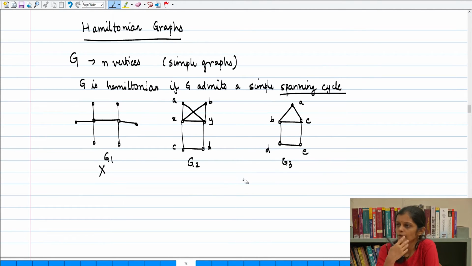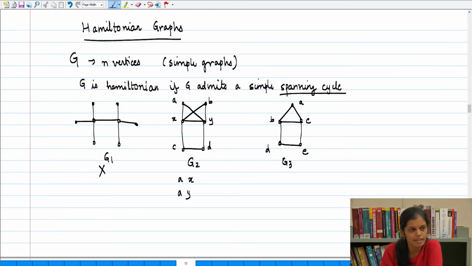What are all the possible ways of having a Hamiltonian cycle? Does it matter where you start? It doesn't matter, it's a cycle, so you can start anywhere. Suppose I decide that my cycle starts at A, so it will also end at A. Then I can try to go to X, or I can try to go to Y. These are the only choices that I have.